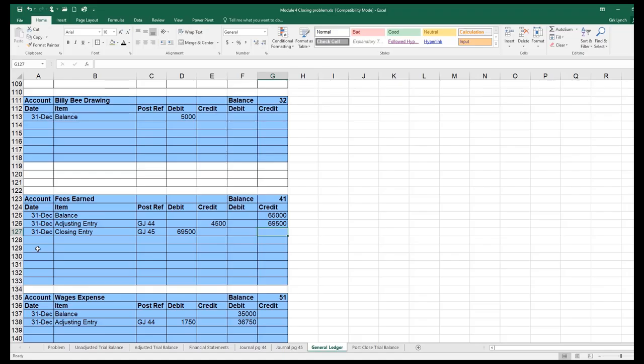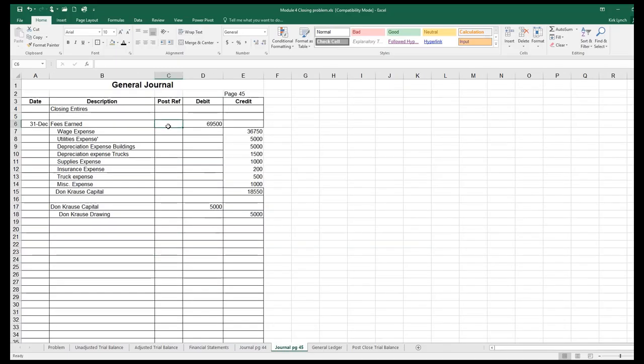Now, the way you indicate a 0 balance is to draw a line. Excel doesn't do that very nicely, so I'm just going to put in zeros here, but normally you would draw a line in the normal balance column of the account. We need this number right here, 41, and back in our journal, we put a 41 to show that we have posted that.